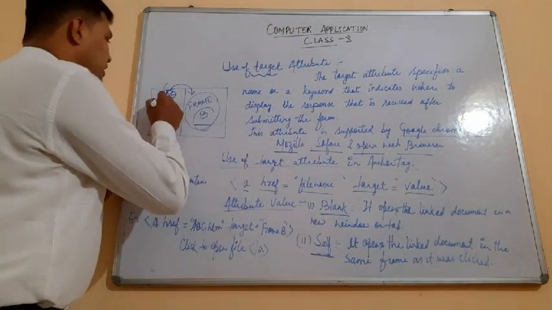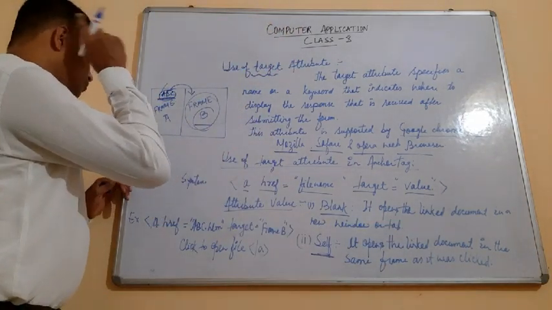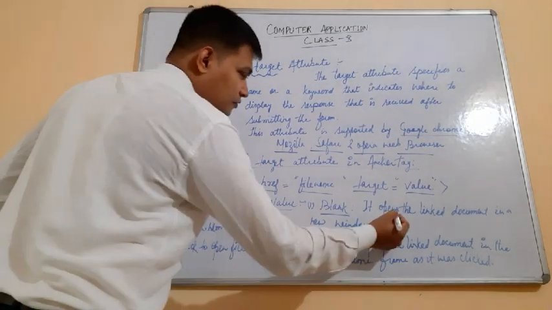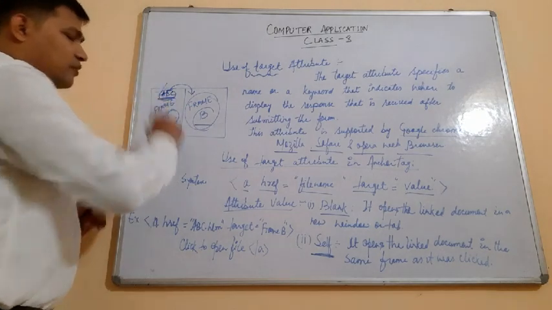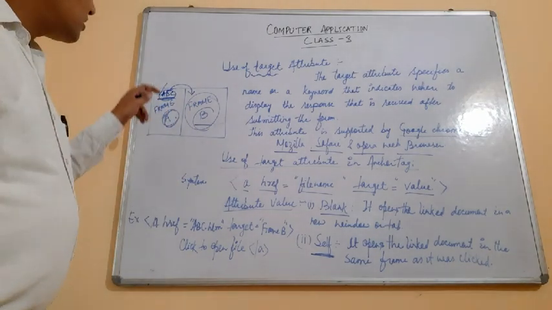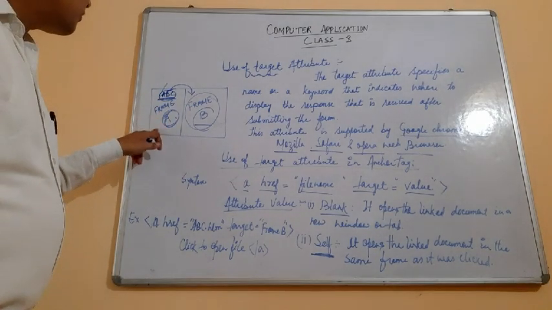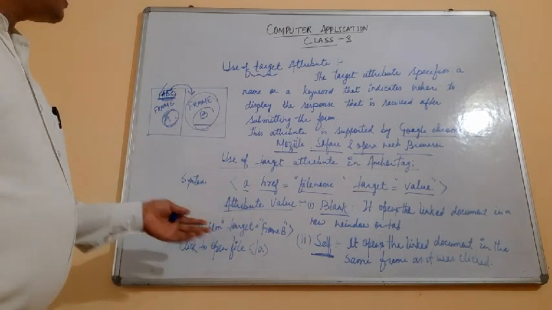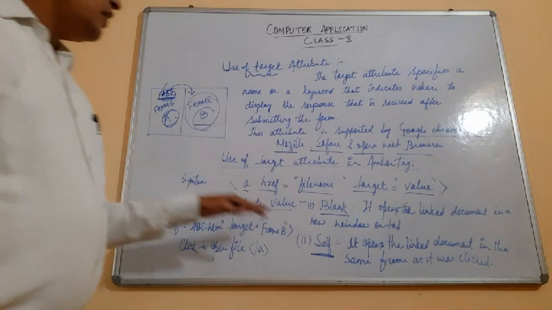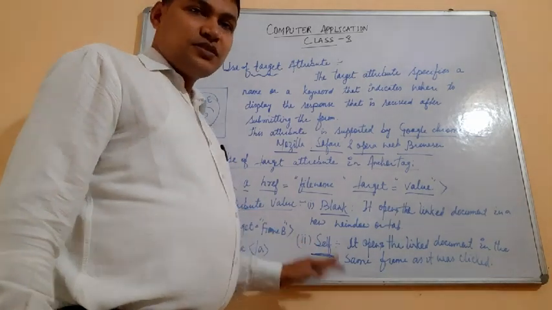That means if you have a link here and you define the target value as self, then it will open the file right here, in the same frame A. This is frame A, this is frame B. If you want to open the target file in the same frame, you have to define the value as self.